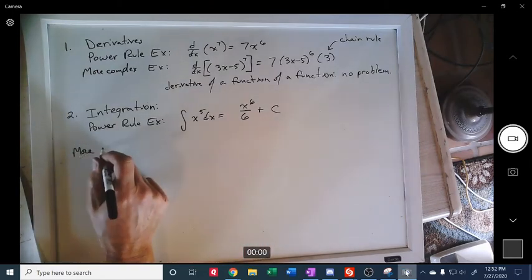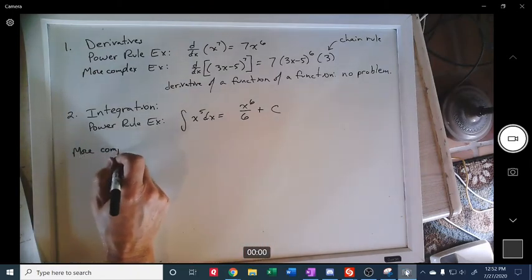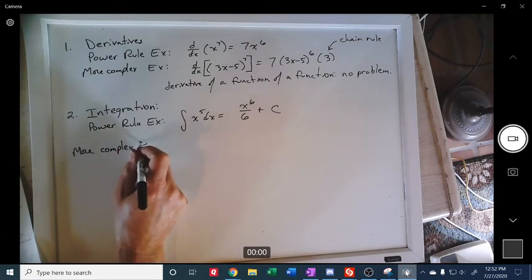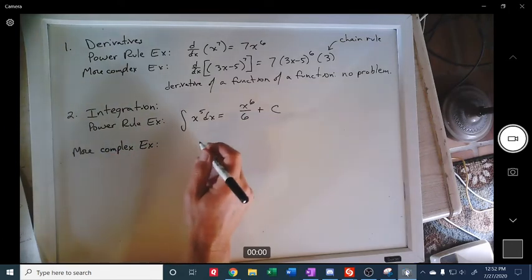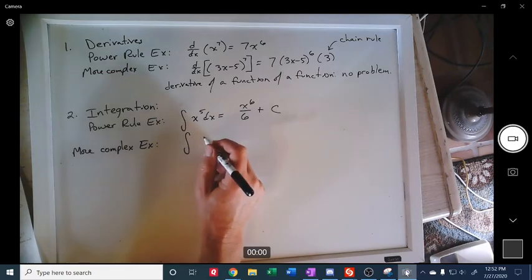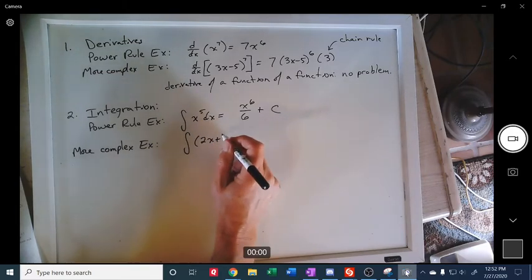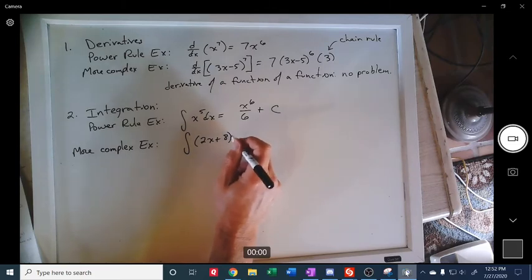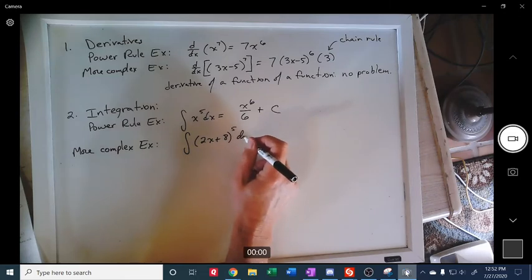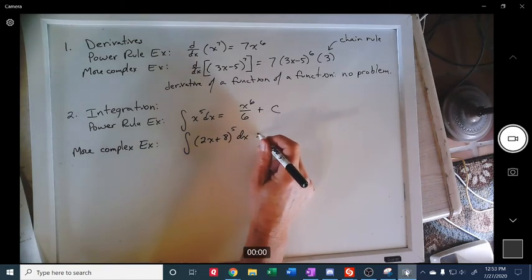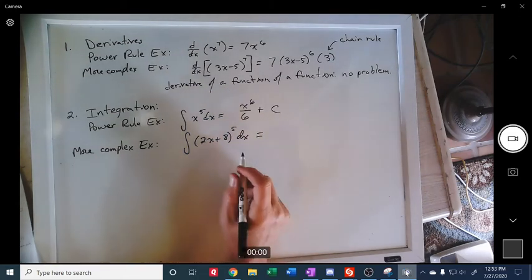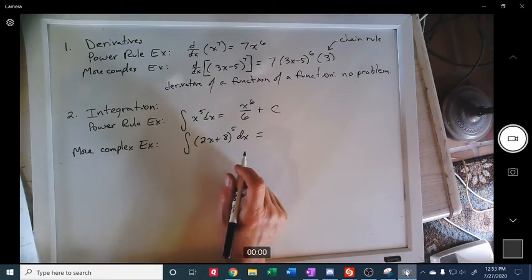More complex. Example. Suppose I do the integral of 2x plus 8 to the 5th dx. Now, I am going to ask a question here.